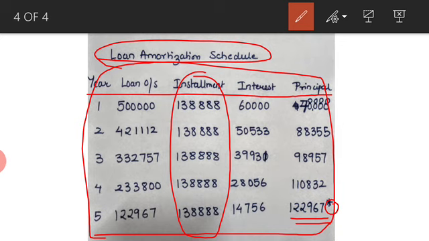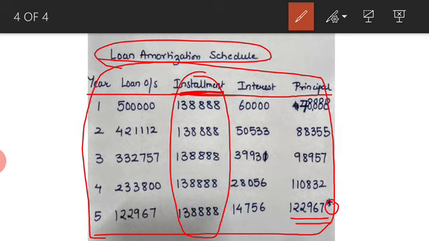Yesterday I shared an assignment sheet or the questions on effective interest rate. Below that there are two problems which are related to loan amortization schedule. One problem is on annual basis, second problem is on monthly basis. You have to use your brain to calculate the installment on a monthly basis, because it is not yearly. The interest is given on yearly basis, but you have to calculate it on monthly basis. So what changes happen?